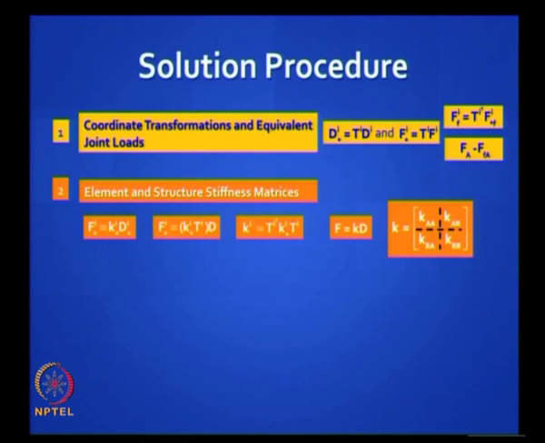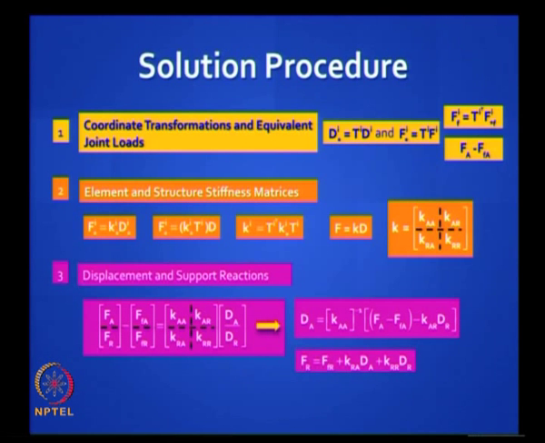Then you generate the element and structure stiffness matrices, we have done this many times. Here you will find the displacements and support reactions using the equilibrium equations. Please note here the displacement vector contains Dr, which is not 0, not a null vector, because now you have support settlement. So you have to be careful to include that.